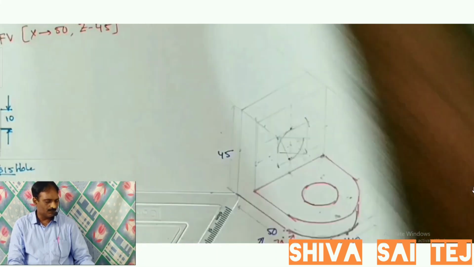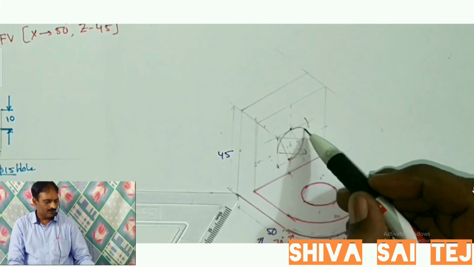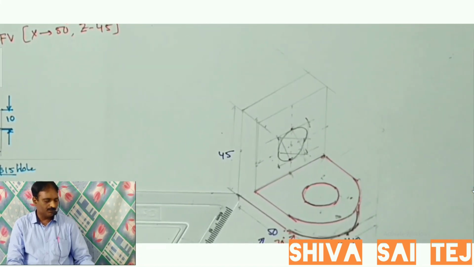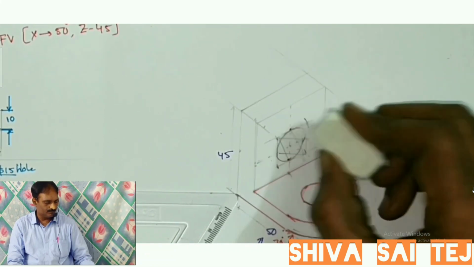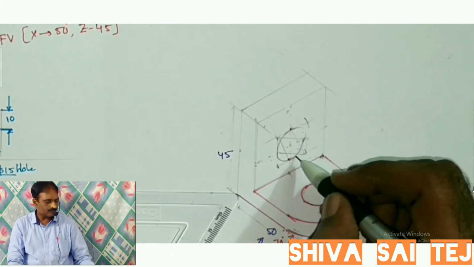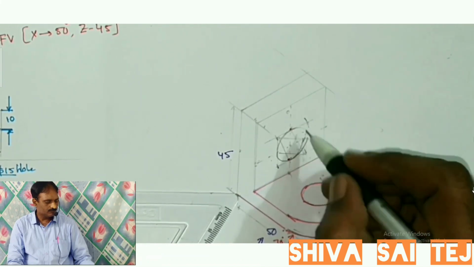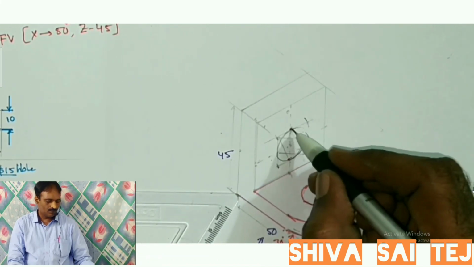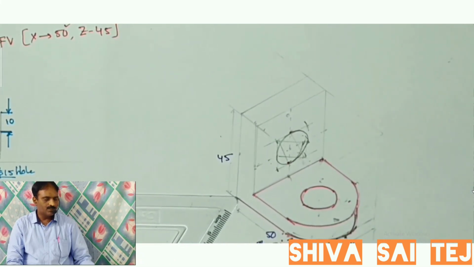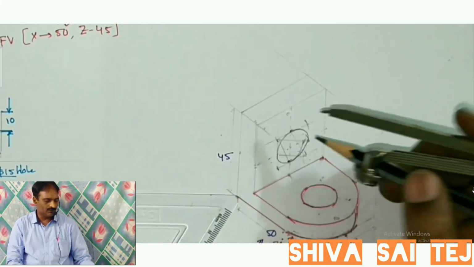So that short length can be drawn with the free hand because the compass may not be fitting into that. So this is the front portion of the side view.